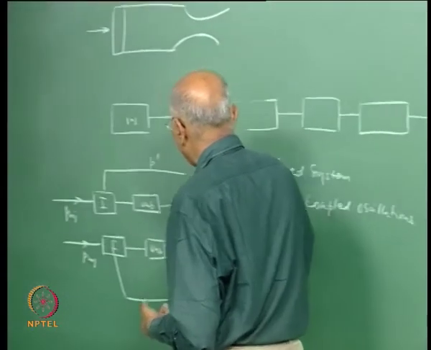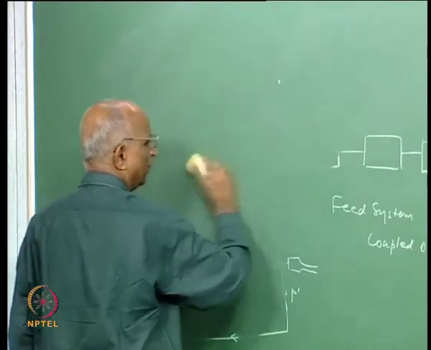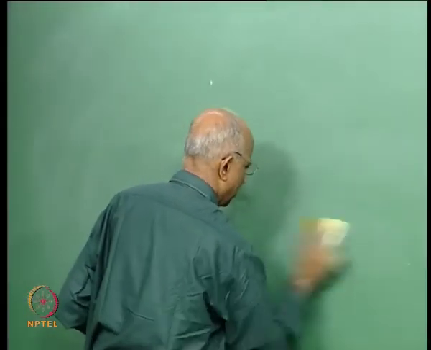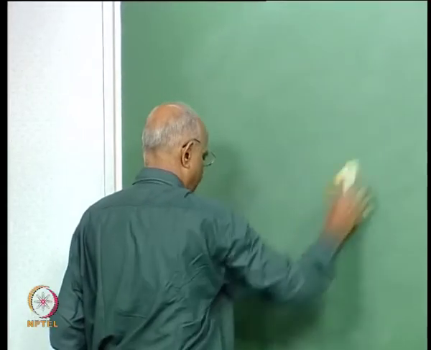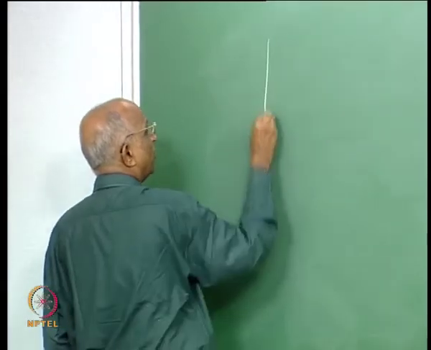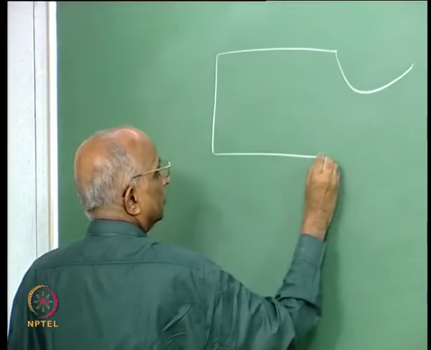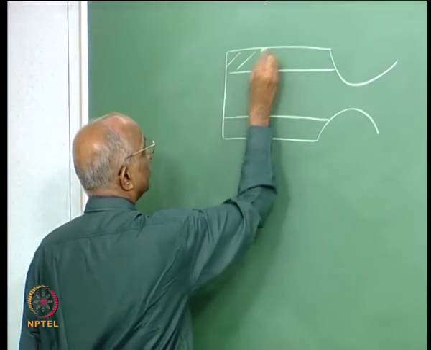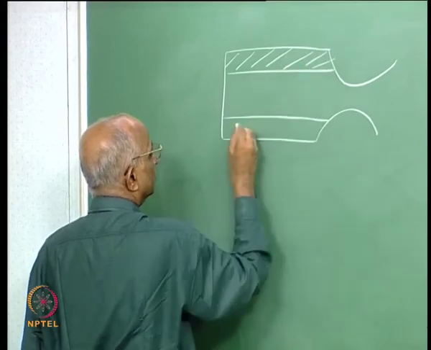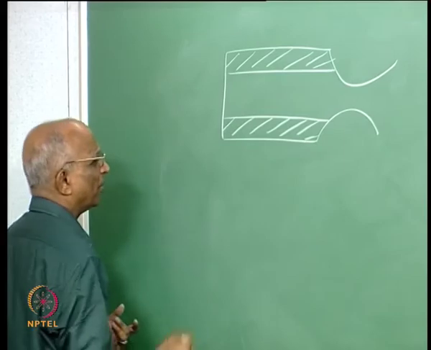Now let me see whether I can get similar things for solid propellant rockets. Let me do a simple argumentative explanation. Let me consider the case wherein I have, let us say, a solid propellant rocket. I have a propellant over here which is burning. We will try to go through the same arguments I put for liquid propellant rockets.